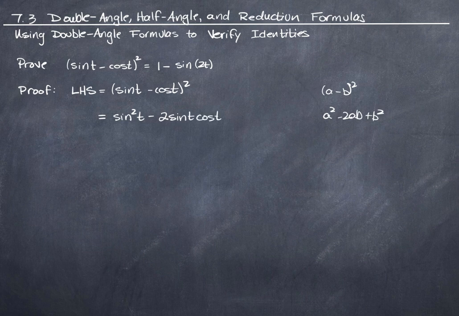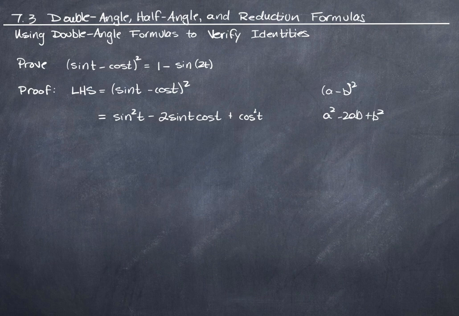Sine is my a, cosine is my b. A squared minus 2ab plus b squared. So plus cosine of t squared. That's my left-hand side expanded.